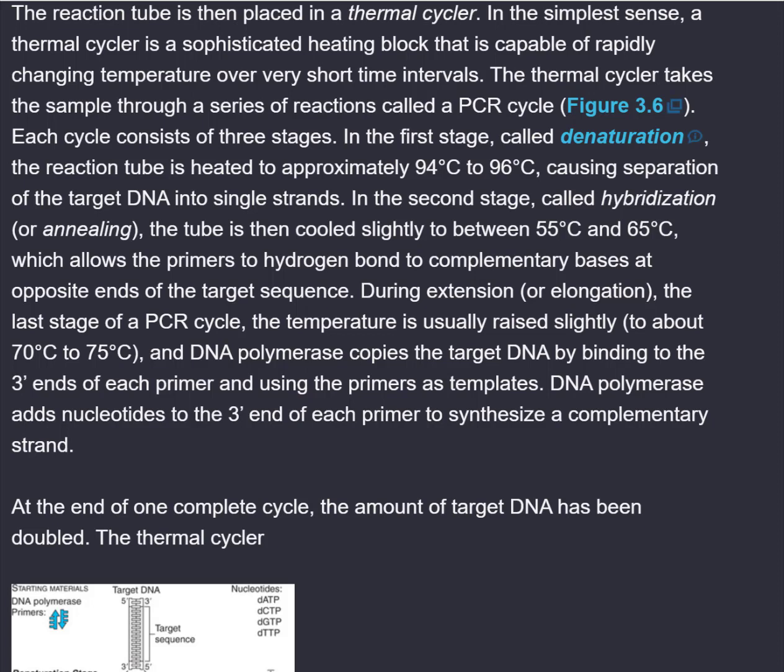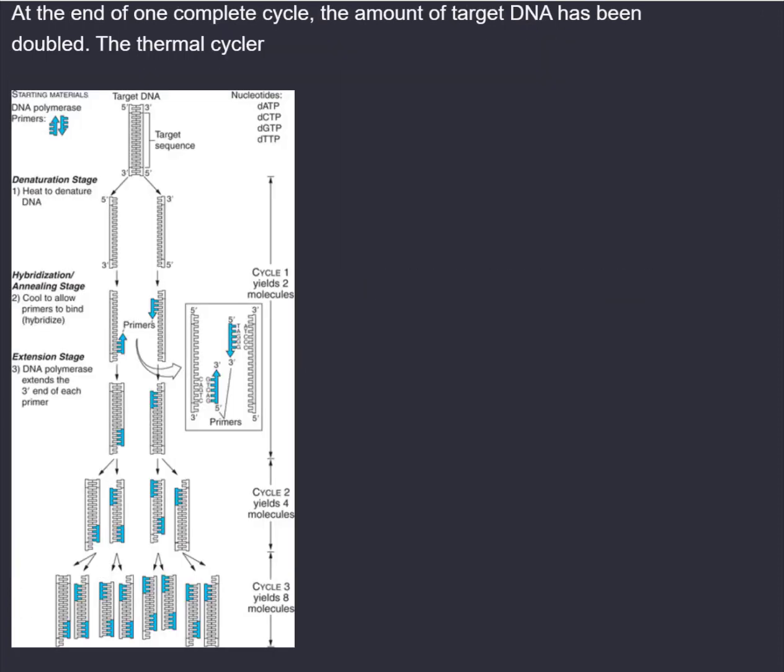During extension, or elongation, the last stage of a PCR cycle, the temperature is usually raised slightly, to about 70 degrees Celsius to 75 degrees Celsius, and DNA polymerase copies the target DNA by binding to the 3' ends of each primer and using the primers as templates. DNA polymerase adds nucleotides to the 3' end of each primer to synthesize a complementary strand. At the end of one complete cycle, the amount of target DNA has been doubled.